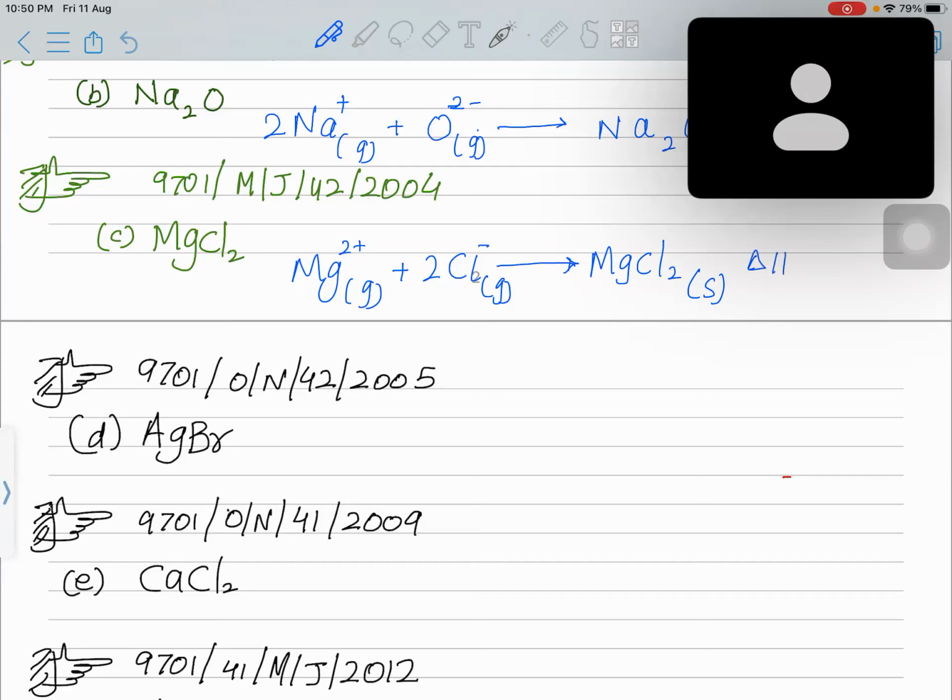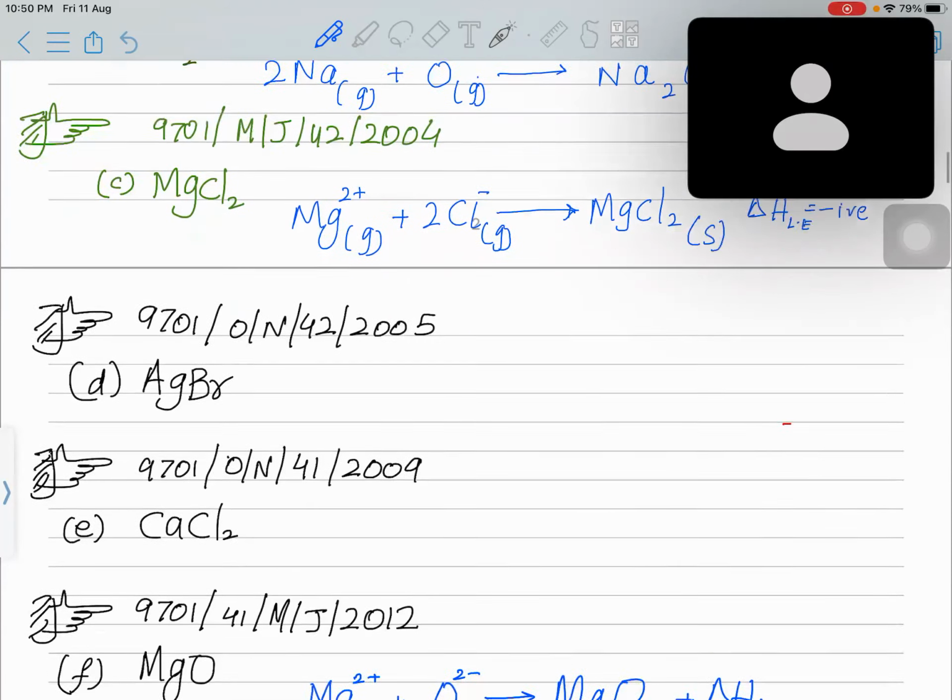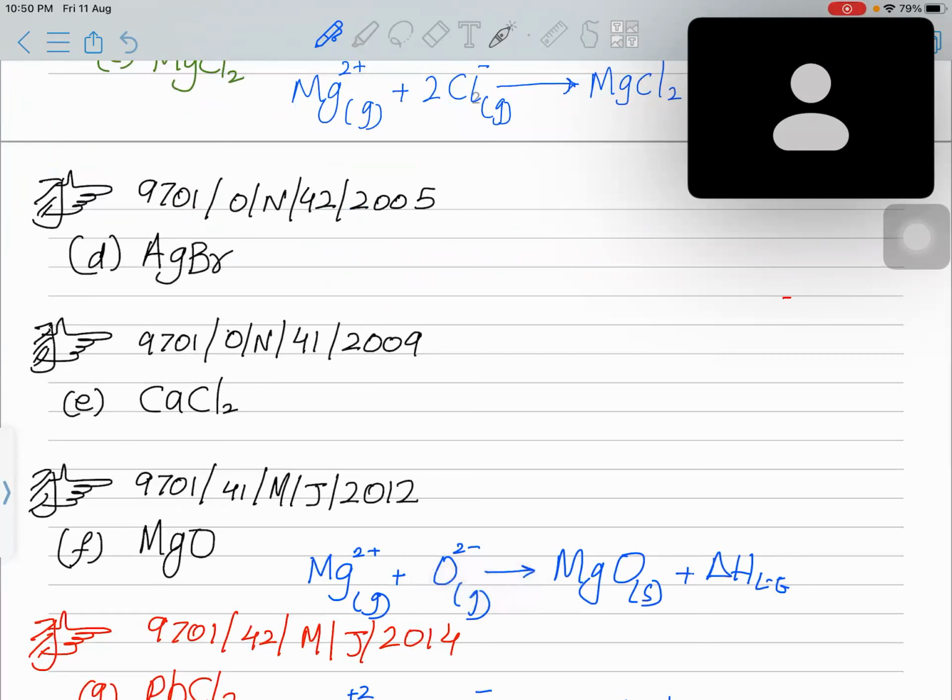Whenever an ionic compound is formed, energy is released, which is negative, and known as lattice energy. Now, 9701 October/November variant 42, 2005: AgBr. So how to write the equation for the lattice energy?